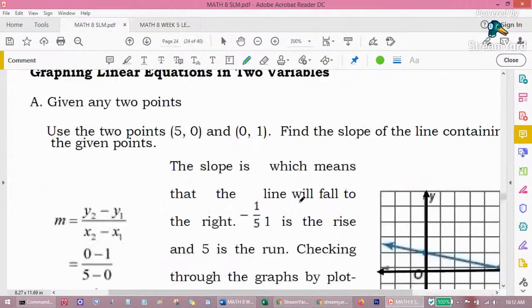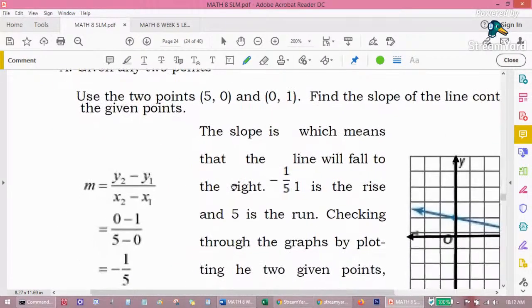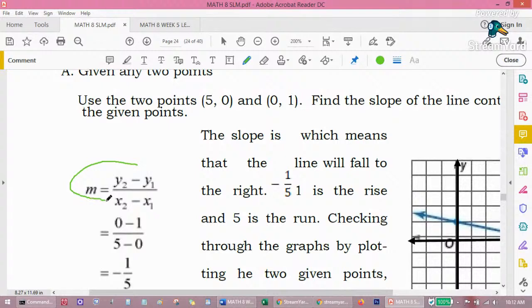Okay, so balikan natin tong problem natin. Pinapakompute sa atin yung slope. Find the slope ng dalawang point na to. So this is the formula for the slope. Yung second y minus yung first y, and then yung second x minus yung first x.